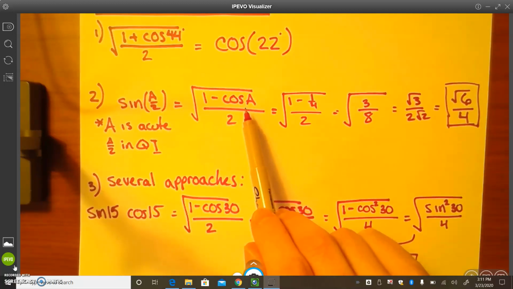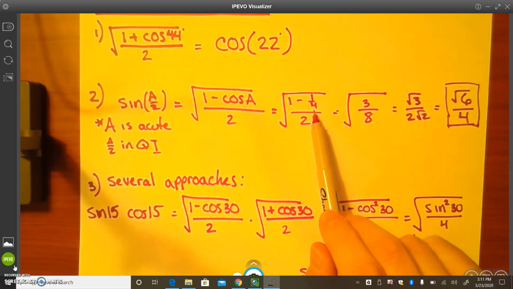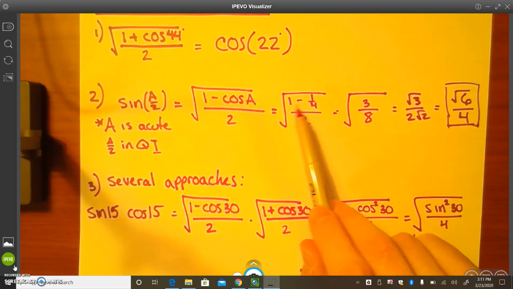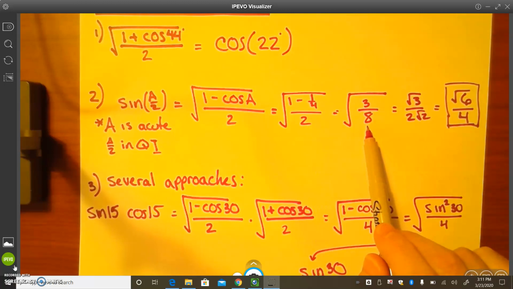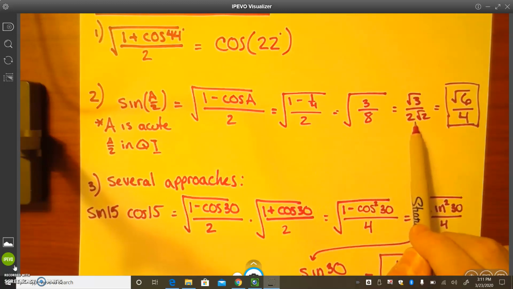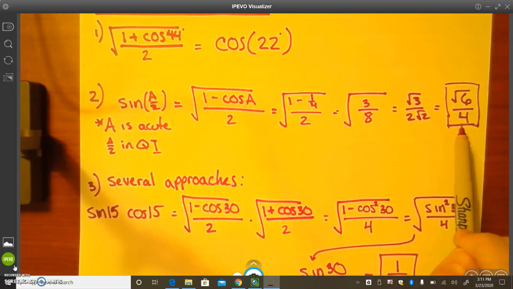And simply using this formula, we're going to plug in with the given information we have. So 1/4 was the value for cosine A. 1 minus a fourth divided by 2 gives me 3/8. Radical 3 over radical 8 reduces to this, and then a quick rationalizing gives us rad 6 over 4. So this is an exact answer, and this is how I would expect you to simplify the answer. I would not want a decimal on this.